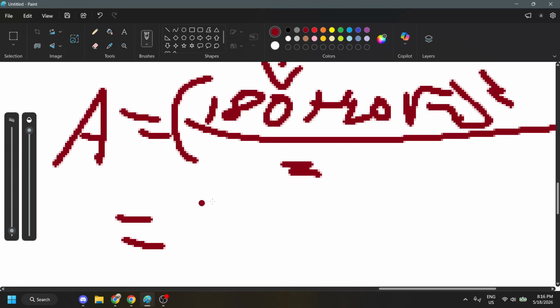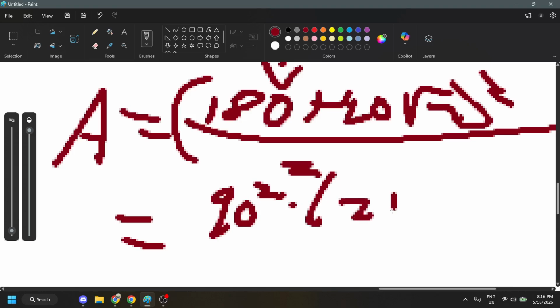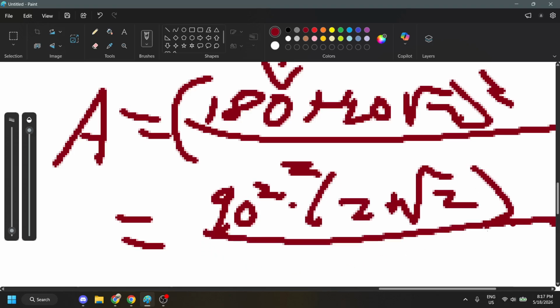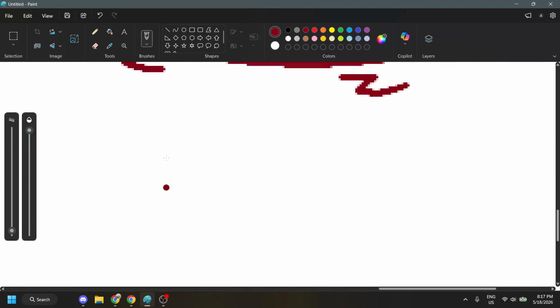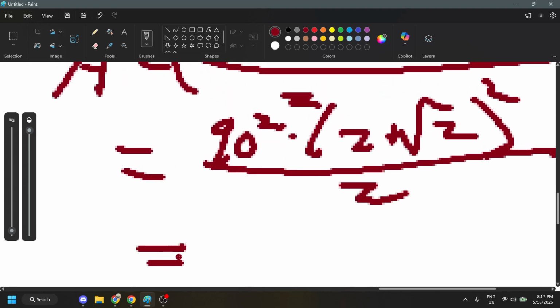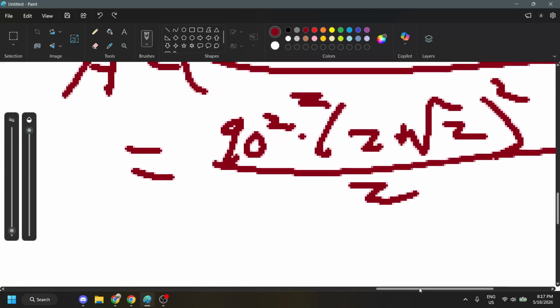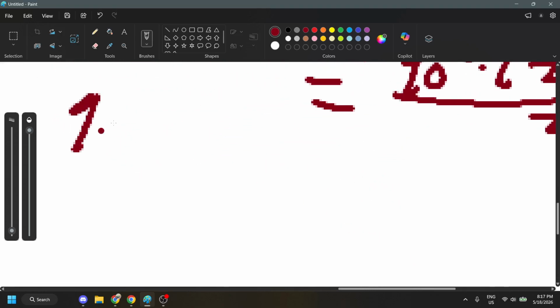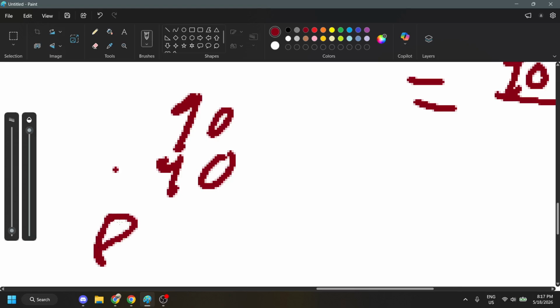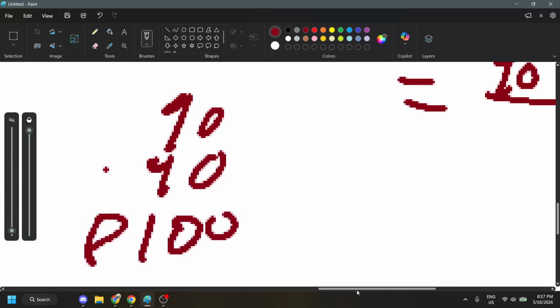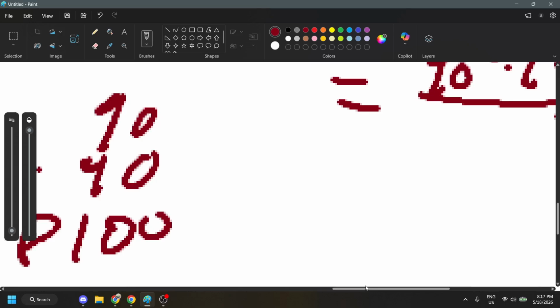So we're left with, let me take 90 out because that's annoying, 90 squared times (2 plus root 2) squared over 2. 90 times 90 is 8100, right?